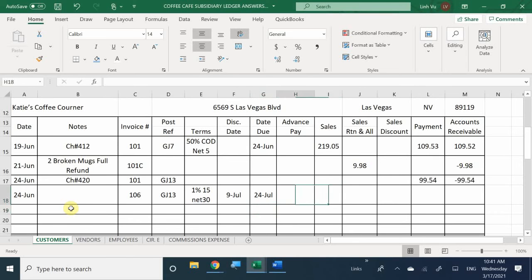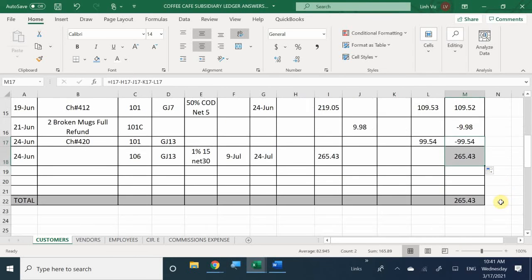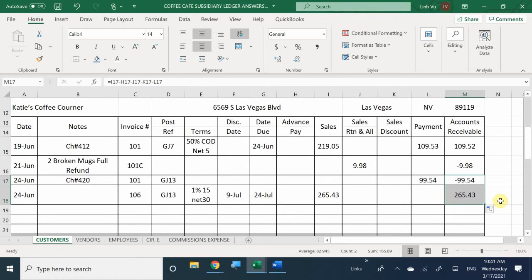So once again, what was the total amount on her sales receipt? 265.43. She didn't make any payments at all, so in this case she owes us now a new amount of 265.43. All right.